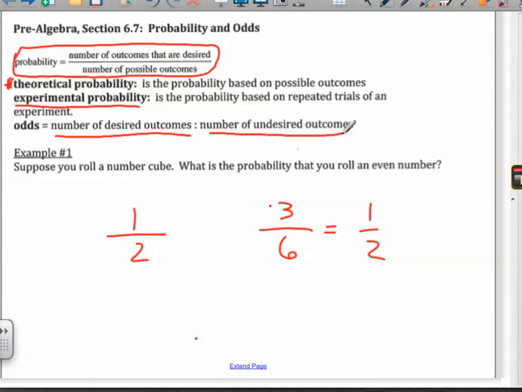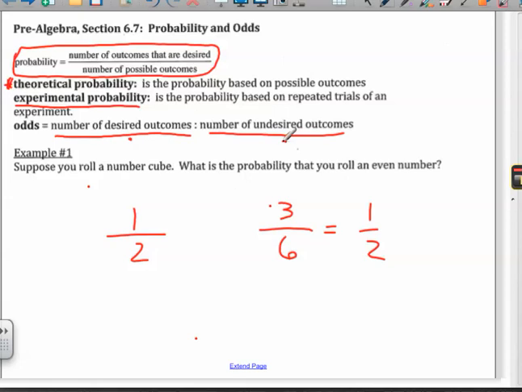Probability is generally written as a fraction or a decimal, whereas odds is written with a colon. But they're all ratios, right? So let me ask you this. Let's use this example. This first one, it says, what's the probability that you roll an even number? Well, what are the odds that you throw an even number? Now remember, odds says the number of desired outcomes to the number of undesired outcomes.